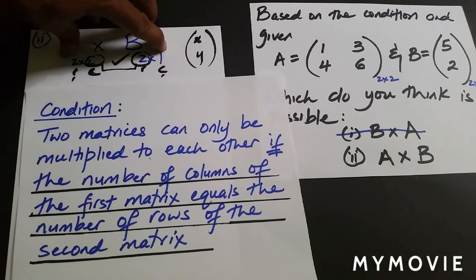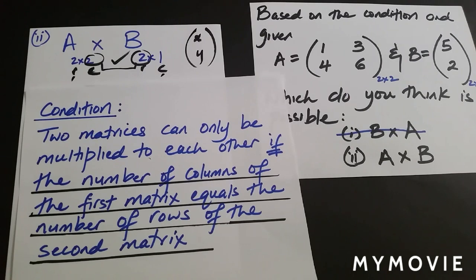But you can only look at the outer numbers if the inner numbers are the same, which means you're good to go with multiplication. All right, so that is the condition under which you can multiply two matrices.